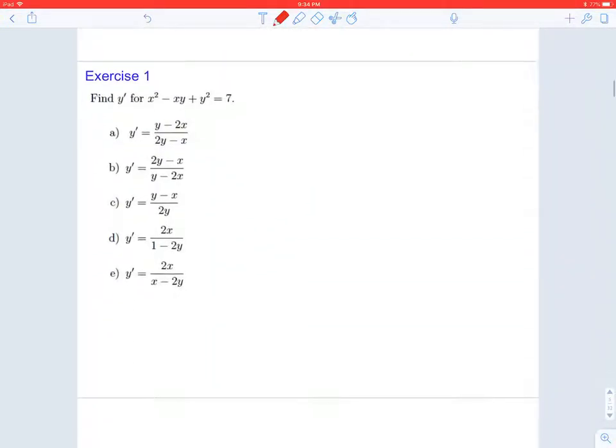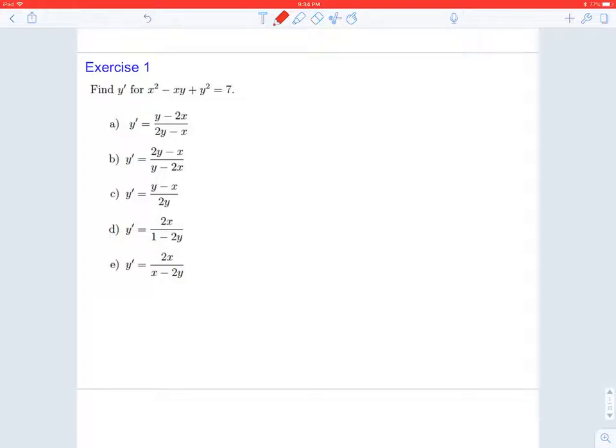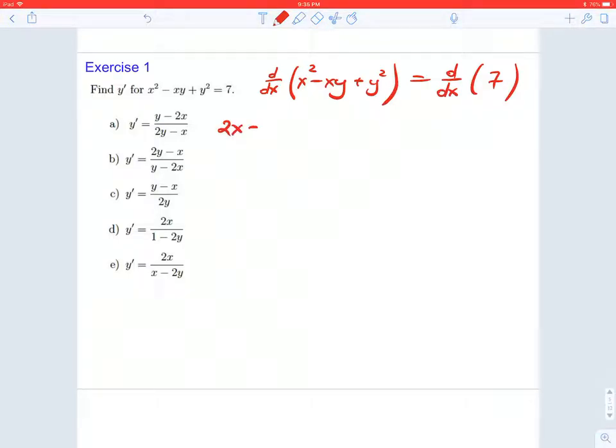Let's start. Exercise number 1. Differentiate the equation x squared minus xy plus y squared equals 7. It means I will take both sides of the equation and differentiate with respect to x. Derivative of x squared is 2x.